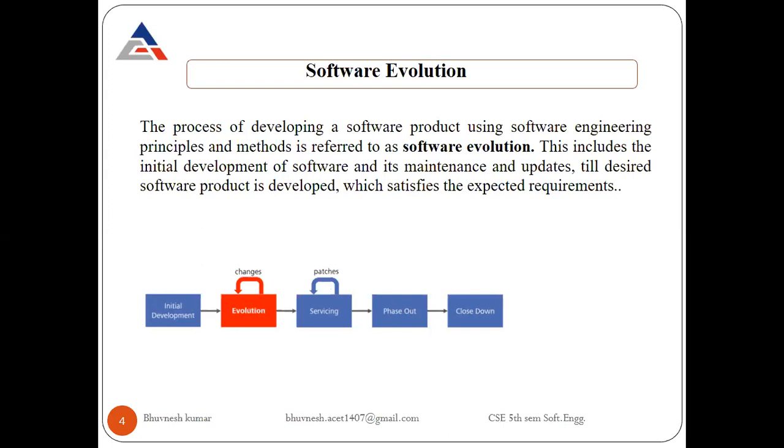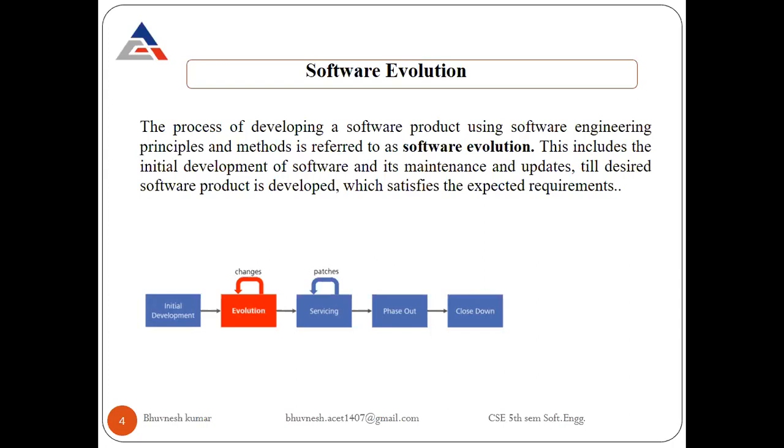If that product gets outdated, if there is a new technology in the market and that product gets outdated, then we have to close down that product. Then we have to make a new product again, or use our existing product and add new features to it.